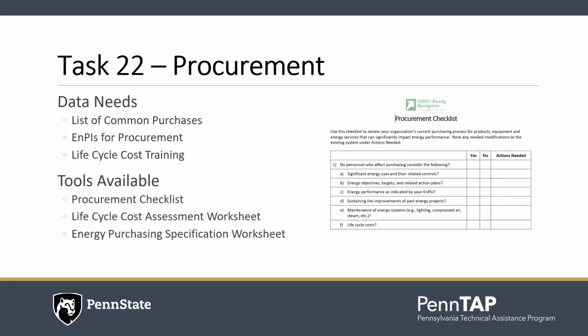So this section is really spending time with your procurement staff to figure out how they do their work and how you can fit the EnMS into their work. And the Department of Energy will provide you the life cycle cost assessment worksheet, which I think is a great training tool when talking to the procurement staff to help them understand everything you're considering in there.